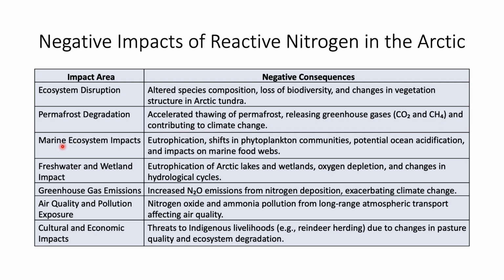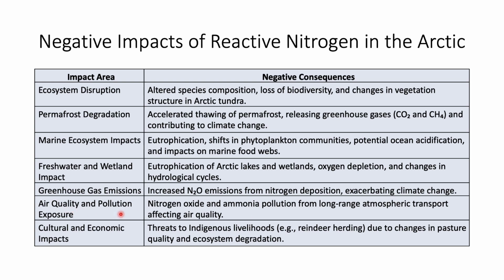So what are the negative impacts on marine ecosystems? Eutrophication, shifts in phytoplankton communities, potential ocean acidification, and impacts on marine food webs are the negative effects. With respect to freshwater and wetlands, eutrophication of Arctic lakes and wetlands, oxygen depletion, and changes in the hydrological cycle are some of the impacts. With respect to greenhouse gas emissions, increased N2O emissions from nitrogen deposition increase climate change.